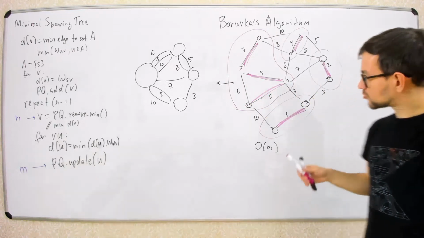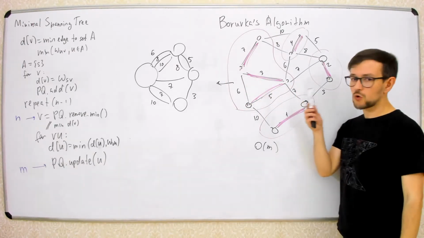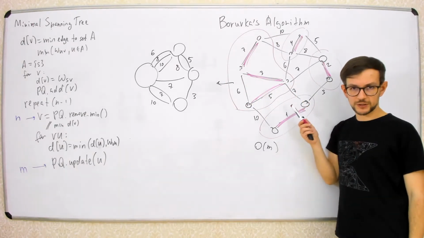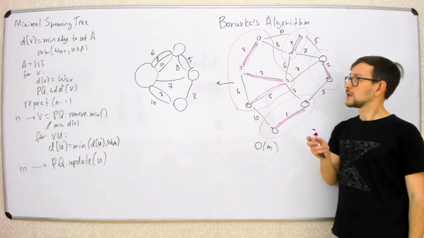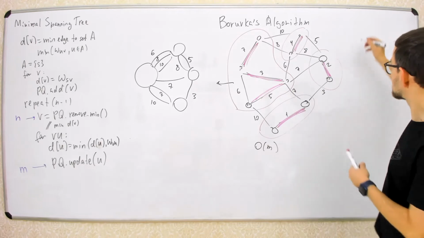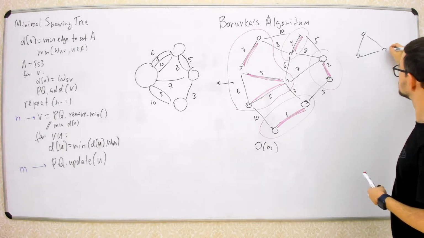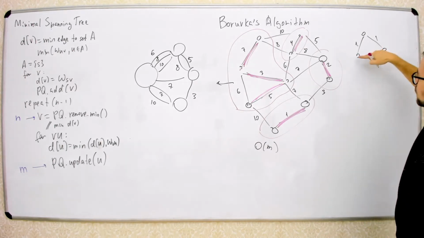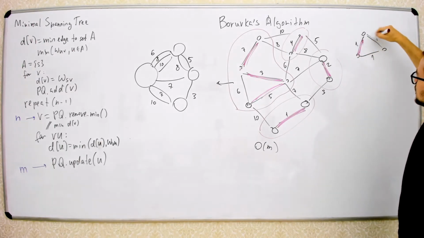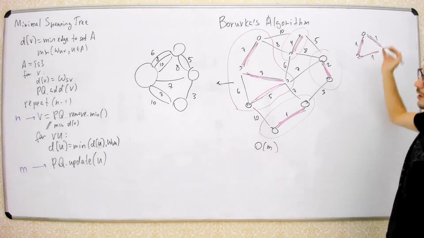Could the components be not a tree? If all the weights are different, then it's impossible to build a cycle. You can easily prove this. If you have equal weights, then sometimes, for example, here, you can take for this node this edge, for this node this edge, for this node this edge, and you will have a cycle.